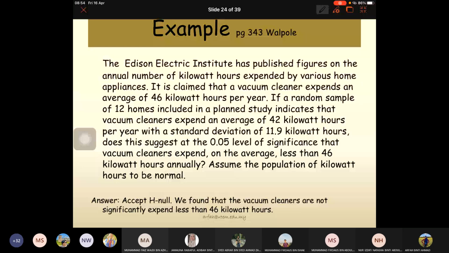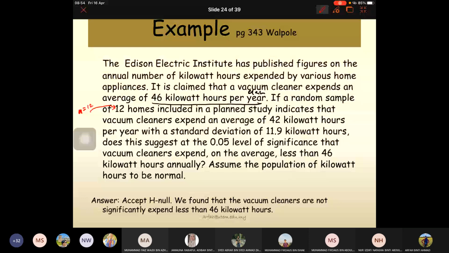So dia kata dia nak buat study on vacuum cleaner. Okay. Berapa masa yang digunakan untuk vacuum cleaner. So dia expend 46 kilowatt hours per year. This is the claim. Yang ini adalah dia punya claim. So tengok the information given. N sama dengan 12, if a random sample of 12.